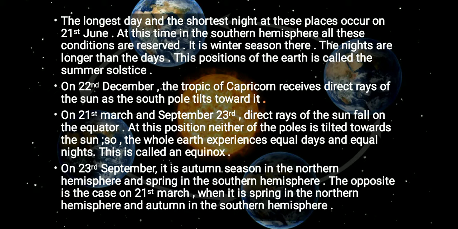Similarly, the opposite will happen in the southern hemisphere. They will have spring. And in the month of March, 21st March in this case, it will be spring in the northern hemisphere and autumn in the southern hemisphere.